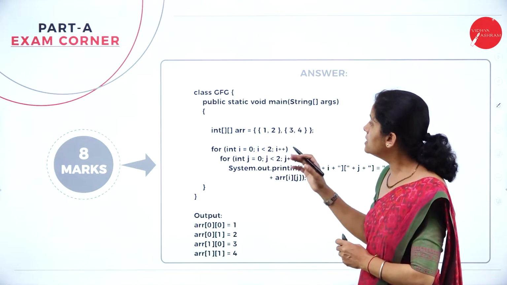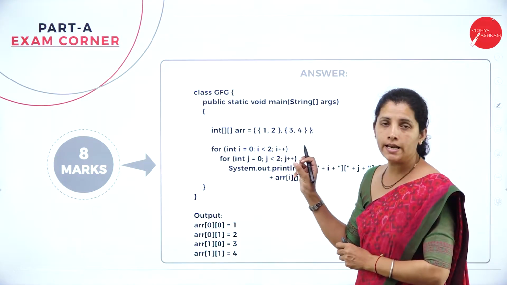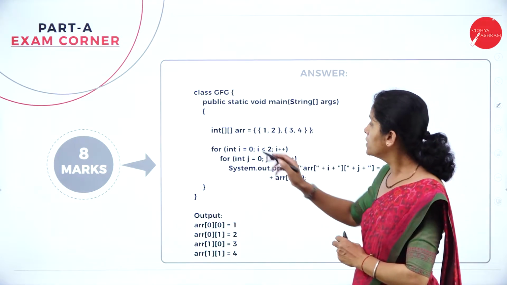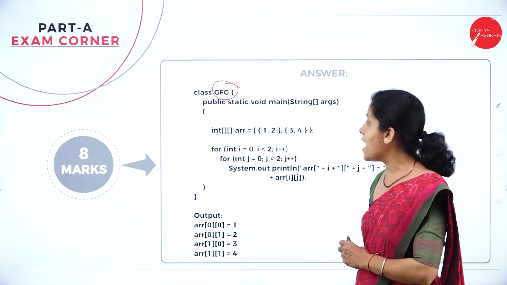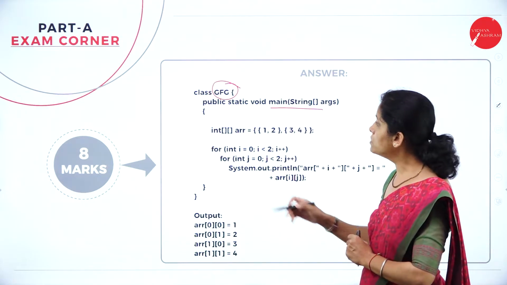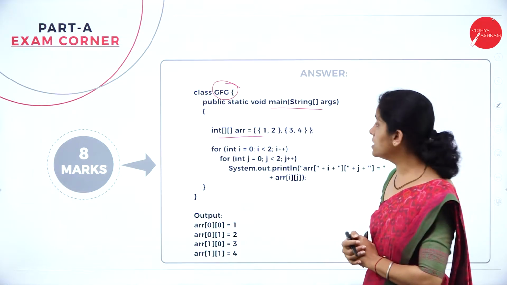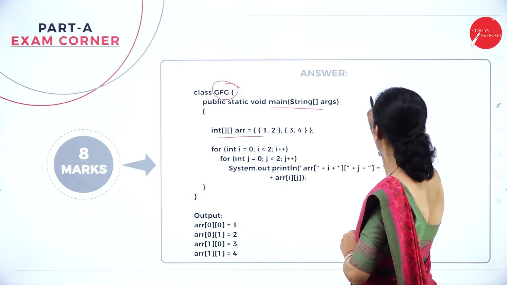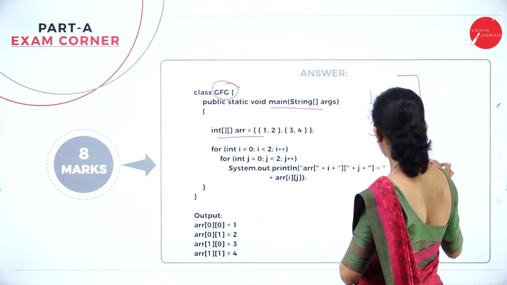Now, this is the simple program used to illustrate a two-dimensional array. So, what is my class name? GFG, and this is my main program. Now, see here, I'm going to create a two-dimensional array. So here 1, 2, 3, 4.